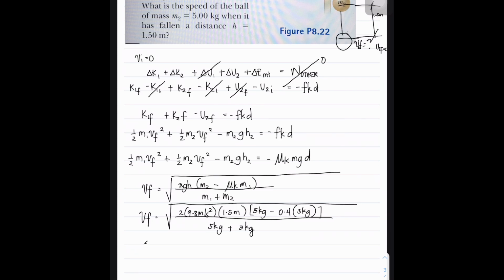Okay. So our final velocity will now be equivalent to 3.74 meters per second.